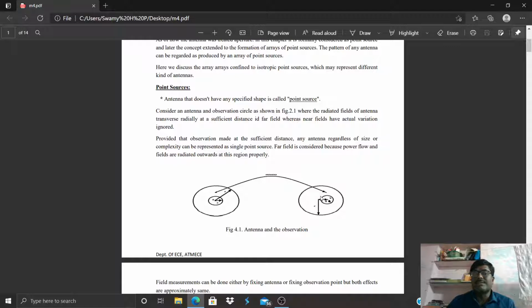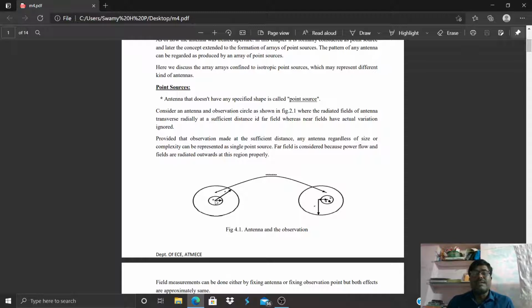Similarly, this is the receiving antenna, with its antenna region, and the distance outside the circle is called the near field zone. Outside this near field zone, you have the far field zone. In this figure, the radiated fields of the antenna travel radially from the transmitting antenna.